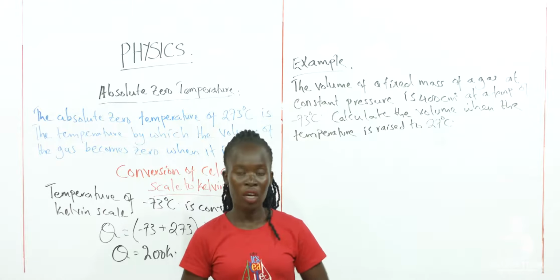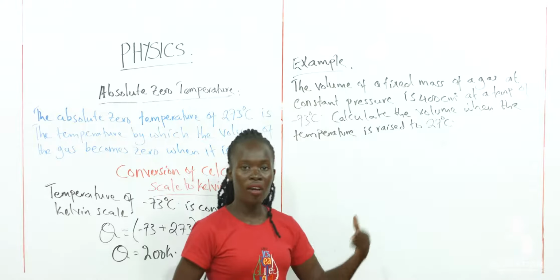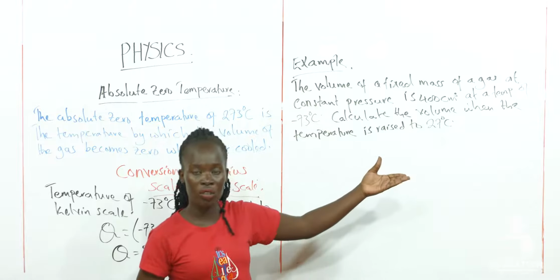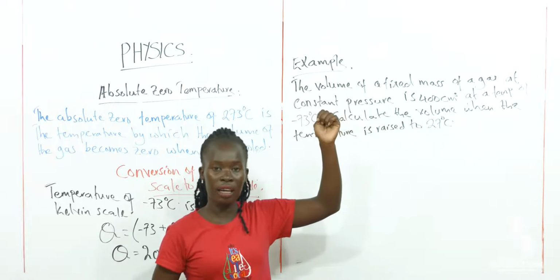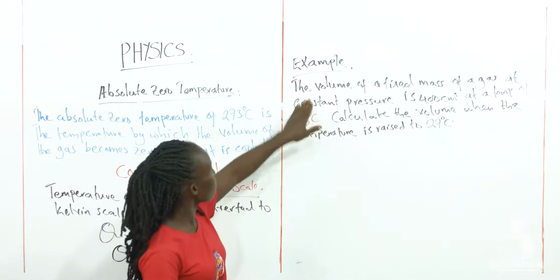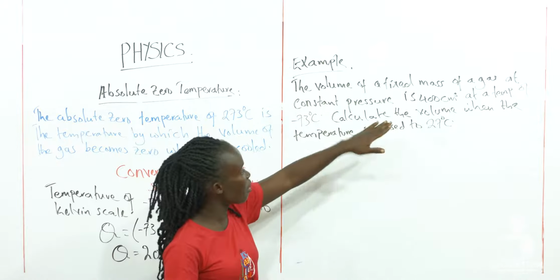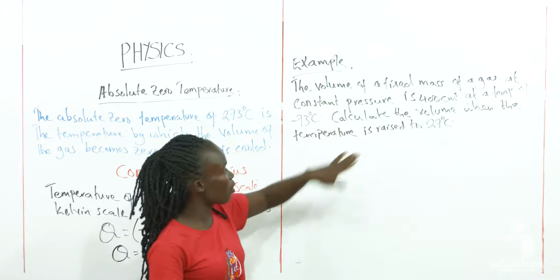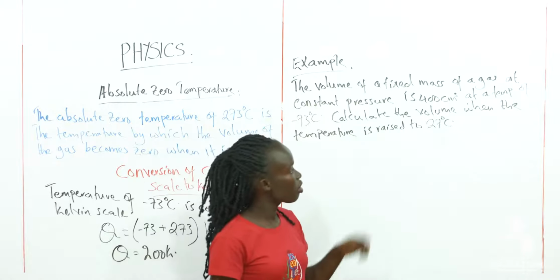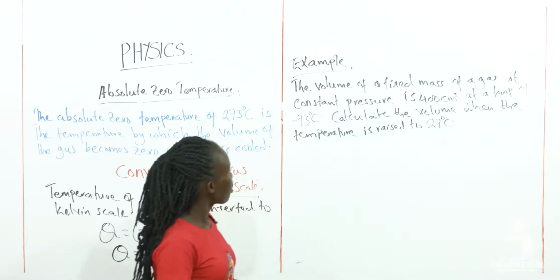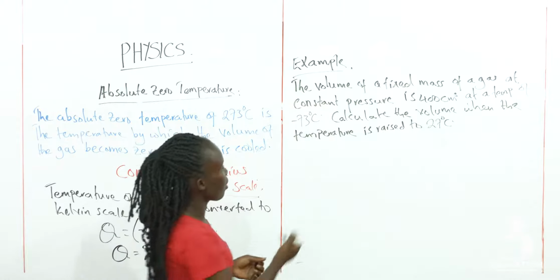How do they vary? You see that we got the absolute zero temperature on that scale. So during our conversion, we shall be using the absolute zero temperature so that we can convert to the Kelvin scale. So the question is saying that the volume of a fixed mass of a gas at constant pressure is 400 centimeters cubed.